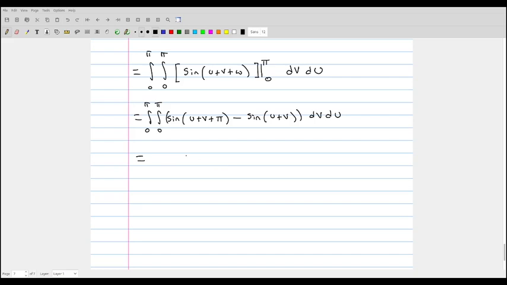I think the easiest way for me to do this and not write too many steps, to not overwhelm me with the number of steps, is just, well, the antiderivative. This integral right here is going to be with respect to v. So the middle integral here is this integral with respect to v.